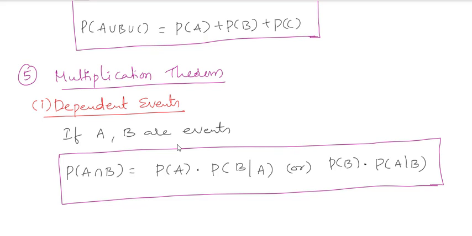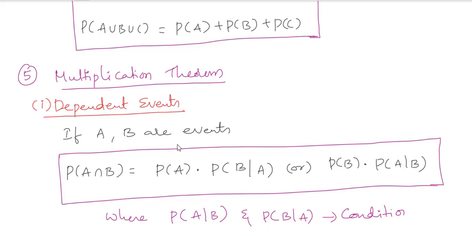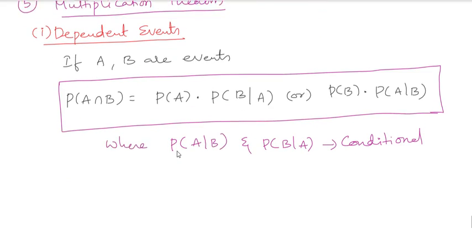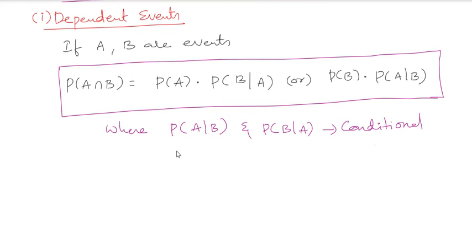Try to understand this one, where probability of A given B and probability of B given A are the conditional probabilities, as we call them. Why are they called conditional probabilities?